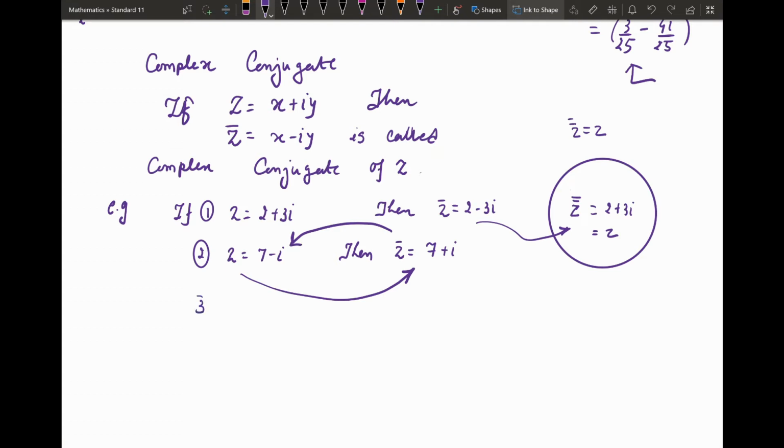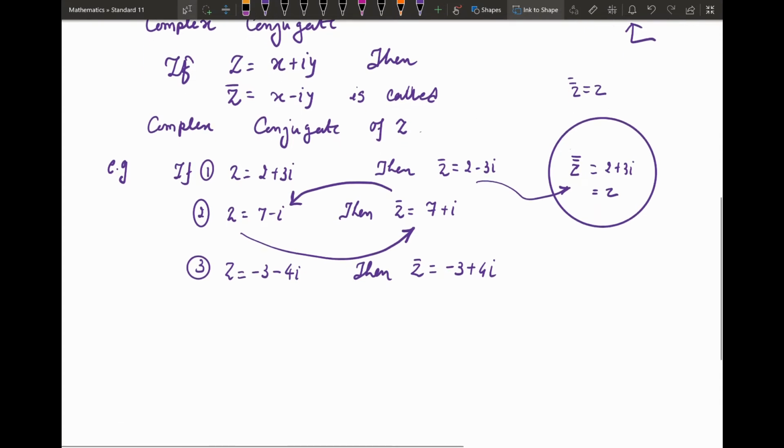Another example, suppose z equal to minus 3 minus 4i, then the complex conjugate z bar is minus 3 plus 4i. So for x plus iy, its conjugate is x minus iy. The real part remains the same, only the imaginary part changes. There is a change in sign only in the imaginary part.